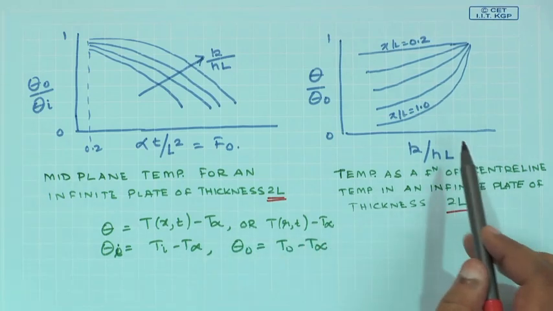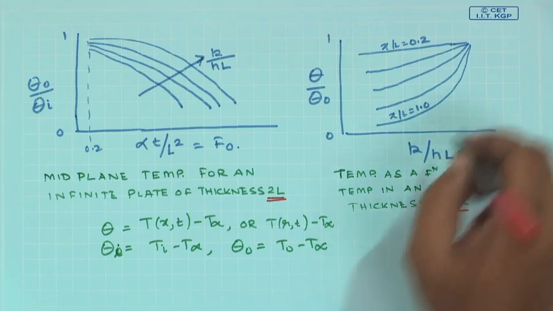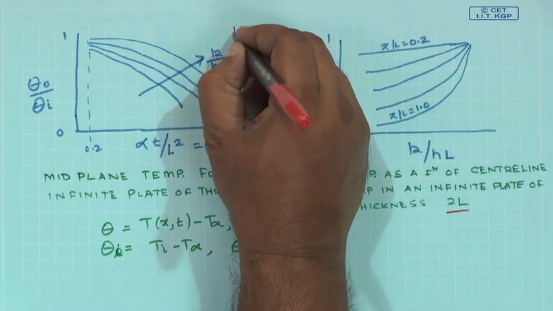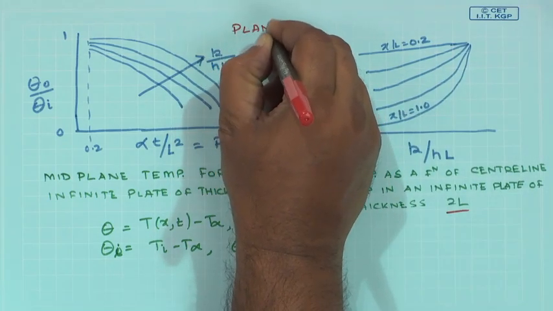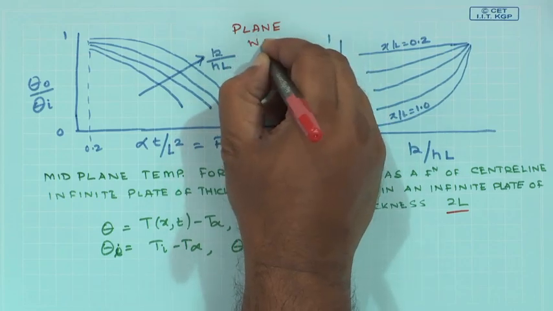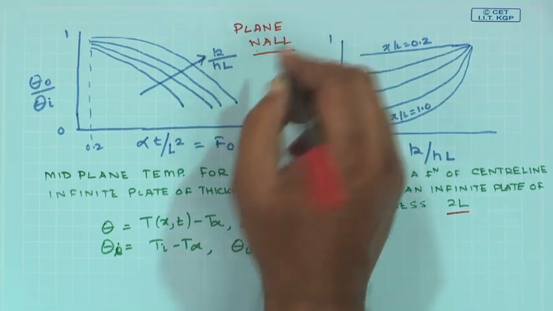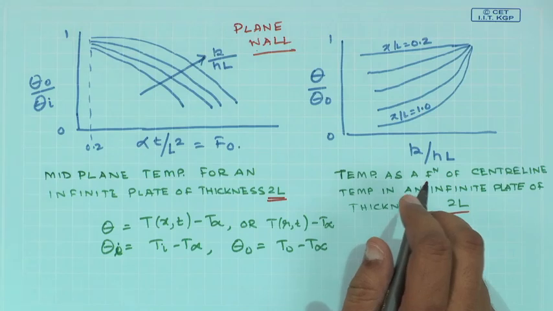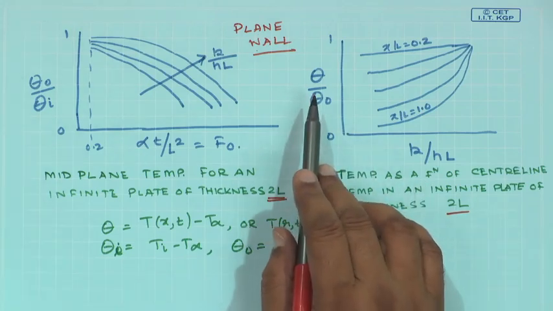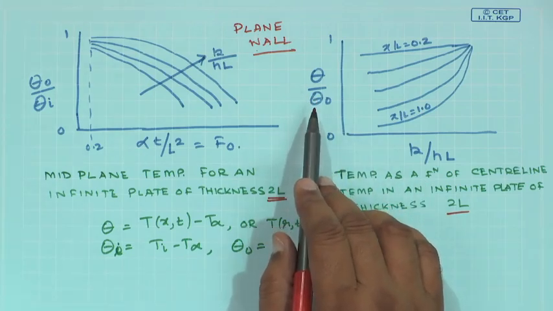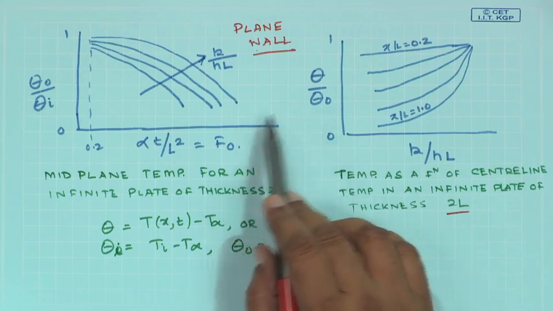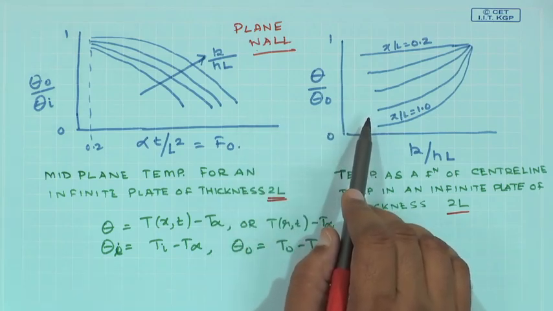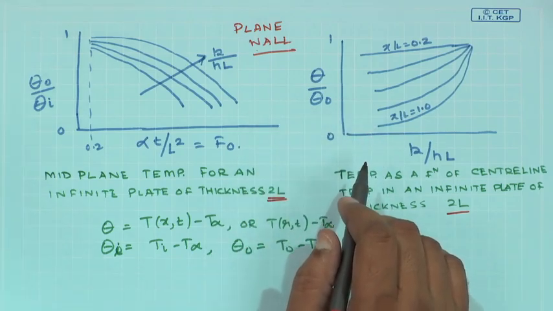So, let us say you would like to find out, and these are for plane walls. All the two curves that you see are for plane wall, and in your text you would see similar curves are there for the case of spheres as well as cylinders.